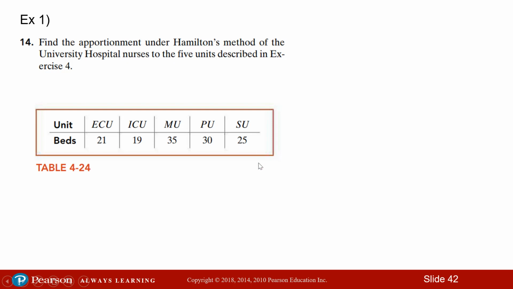What do we get as a total there? 130. Okay. Divide by what? 250. 0.52.